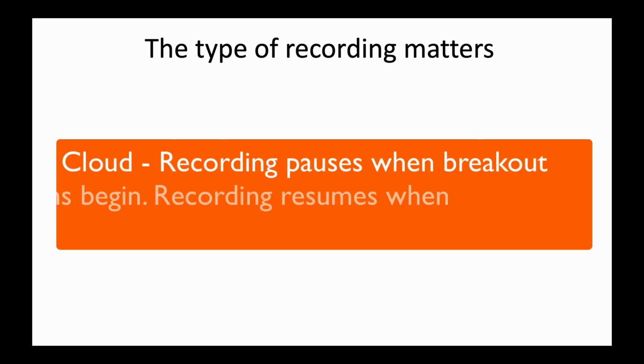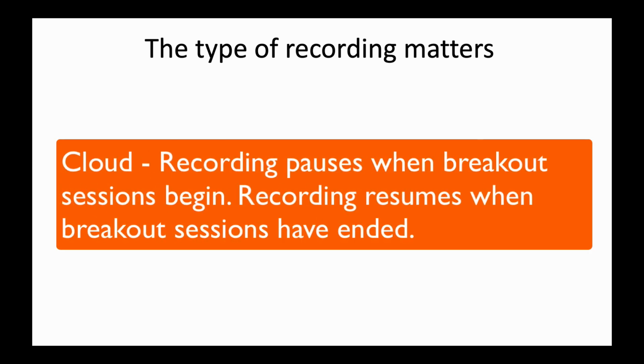Now the type of recording matters. This will really apply to the people who have pro accounts. When you click on the record button as the host, you have two options. You can record to the cloud, or you can record to your machine, to your computer. If you choose to record to the cloud, just remember that it will just record the main session.